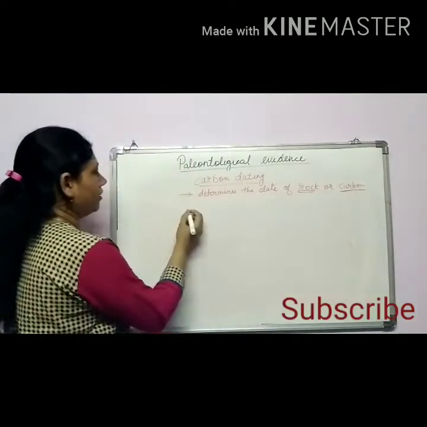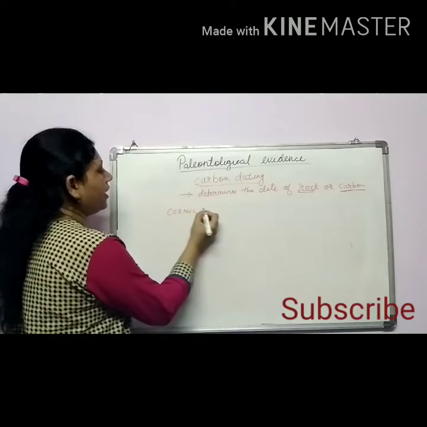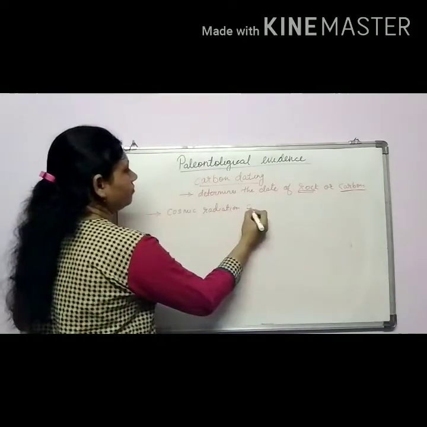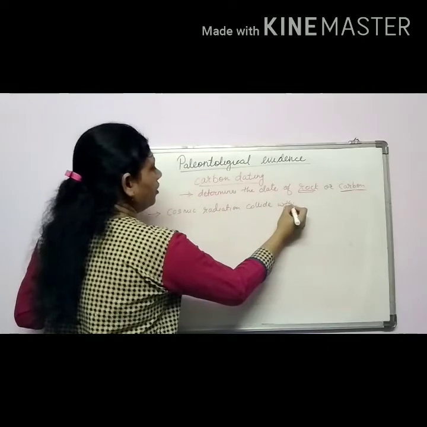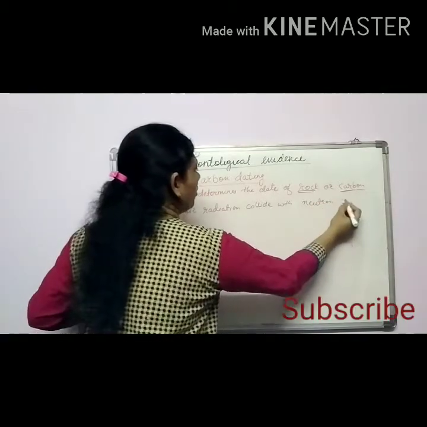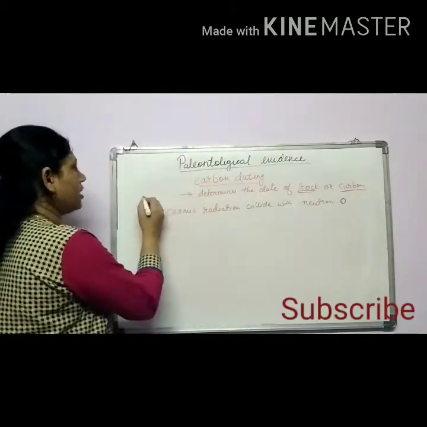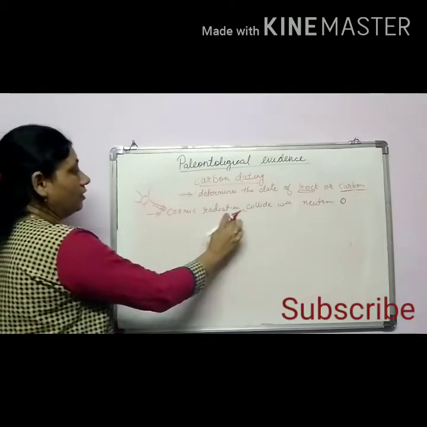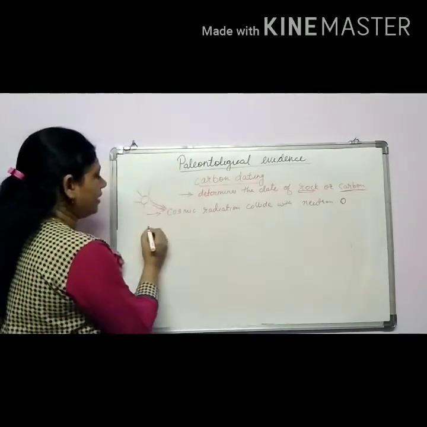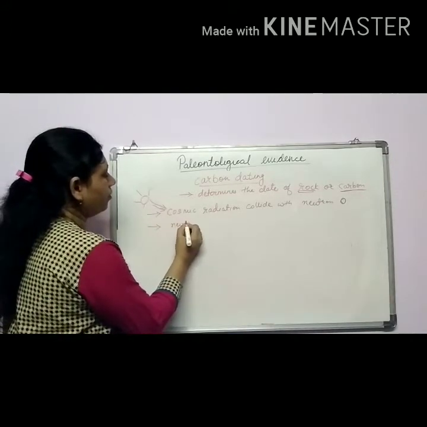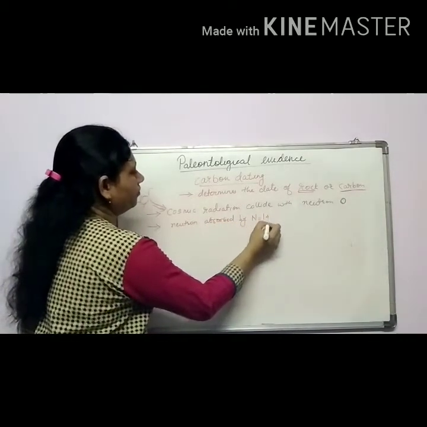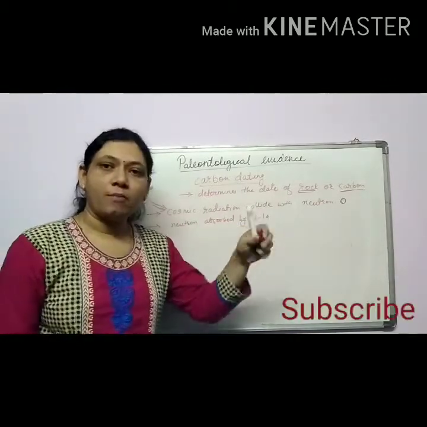So if the cosmic radiations collide with neutrons, okay, these are the cosmic radiations which collide with neutrons, so this neutron is then absorbed by nitrogen. Okay, neutron is absorbed by nitrogen.